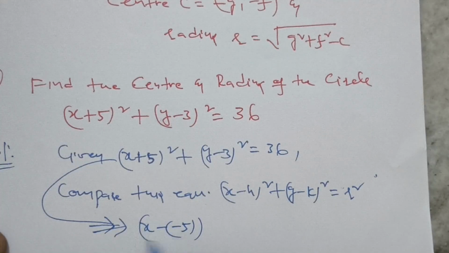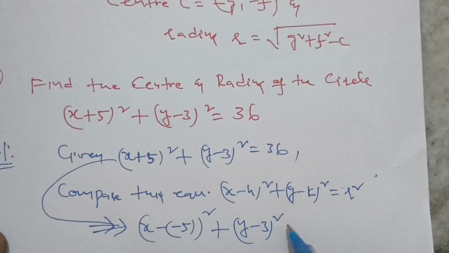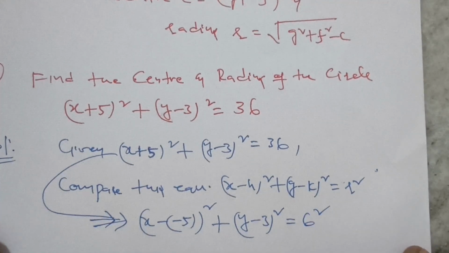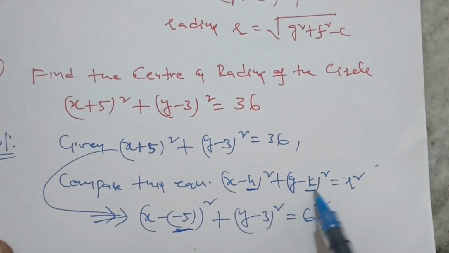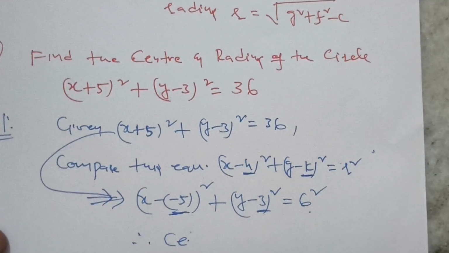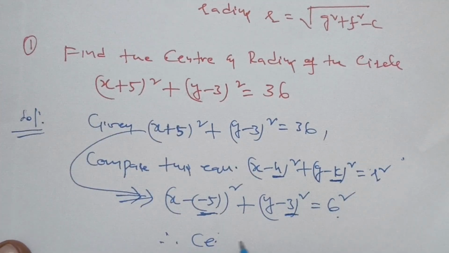Then the given equation can be rewritten as x minus minus 5 whole square plus y minus 3 whole square is equal to 36, which can be written as 6 square. Now compare this with the general form: in place of h we have minus 5, in place of k we have 3, in place of r we have 6.